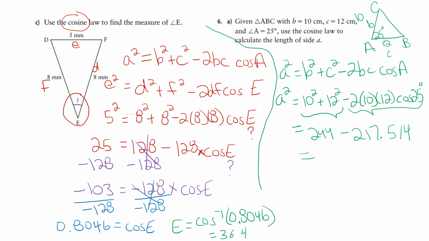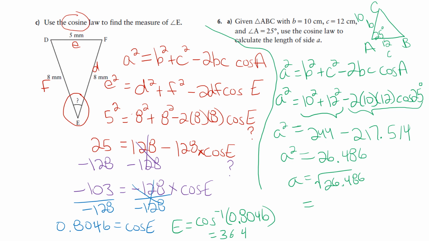So after we subtract, we get 26.486. That should seem a little large, and that's okay, because like I said, we got to do the opposite of a squared, which is square root. So square root of 26.486 should be 5 decimal something, and then that'll be your final answer.